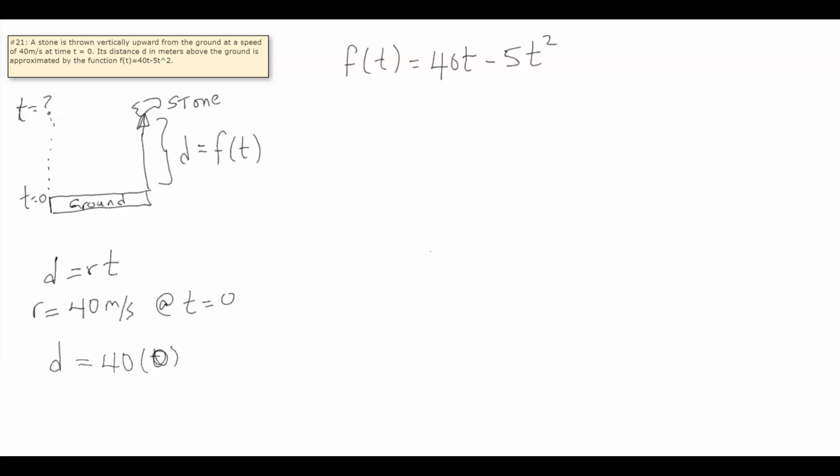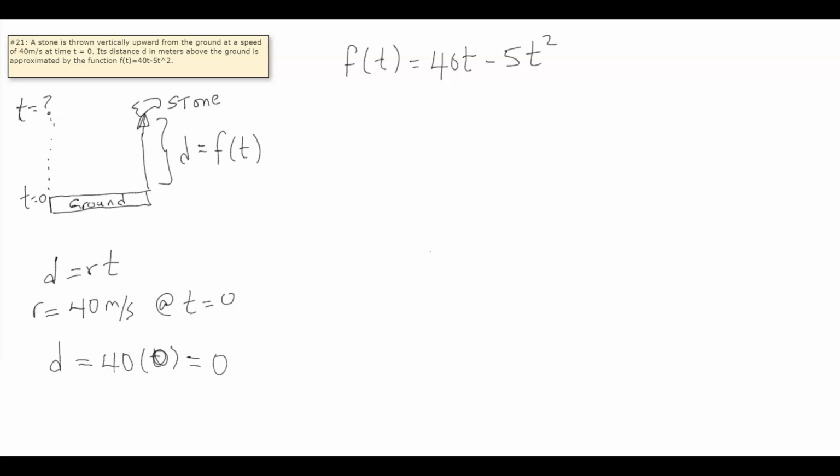So this is not necessary because all that tells me is that the distance is equal to 40 times time, which is 0, which is going to give me 0. So all that's saying is that when the time is equal to 0, the distance is going to be equal to 0. And that is consistent with our formula.